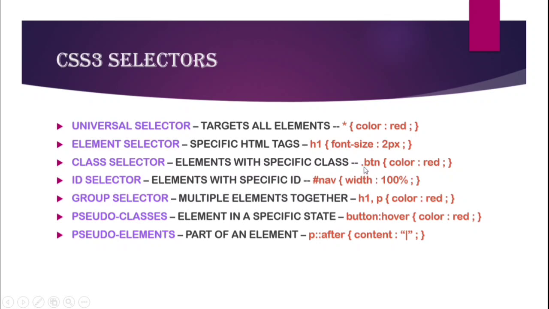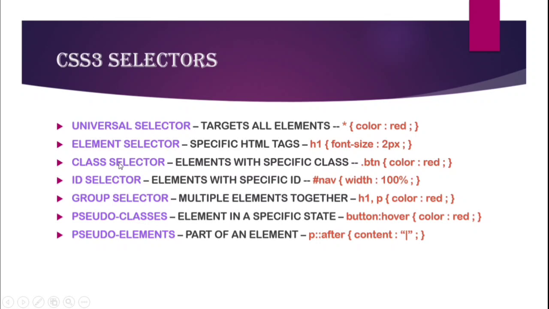So for calling any class, we use dot, then we write the class name. Here I am using btn. Btn is nothing but the button. For the button tag, I have added the class equal to btn. So I'm calling the class selector here by using dot btn, and I'm adding the color equal to red. So whatever the element that has the btn as a class, then the color red will be applied to it. This is nothing but elements with specific class, which is the class selector.